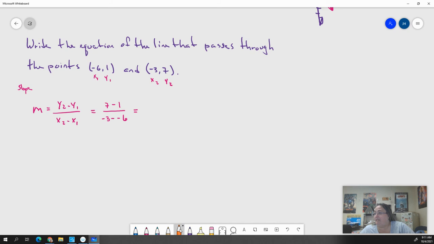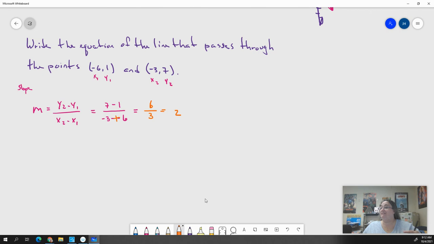If I put those together, right, that becomes a plus. 7 minus 1, that's just 6. Minus 3 plus 6, that's just 3. 6 divided by 3 equals 2.